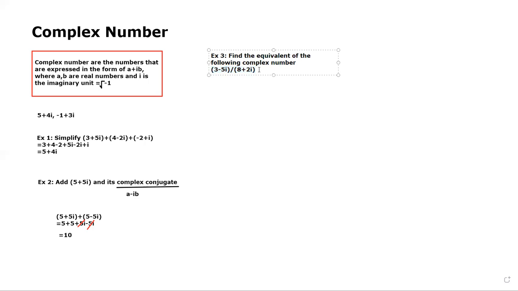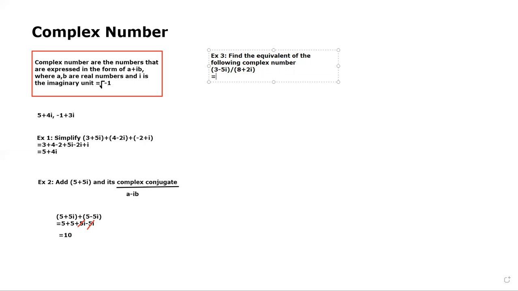Basically you need to multiply the numerator and denominator by the conjugate of the denominator.